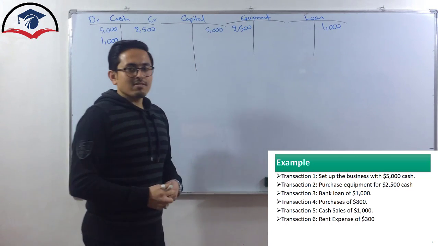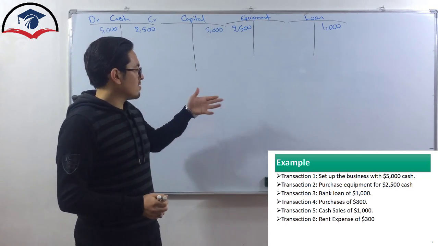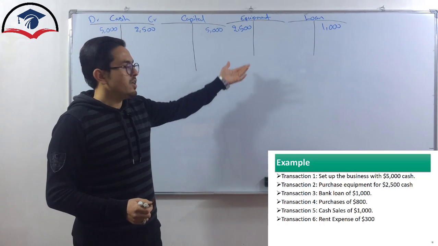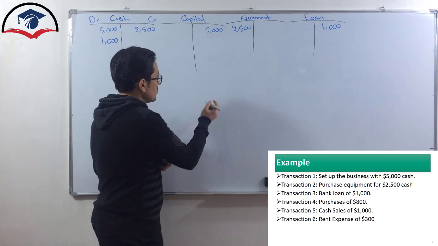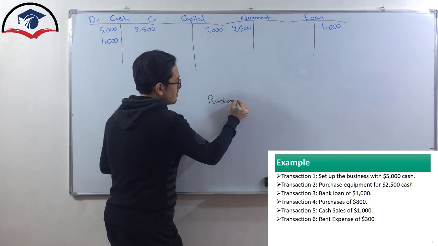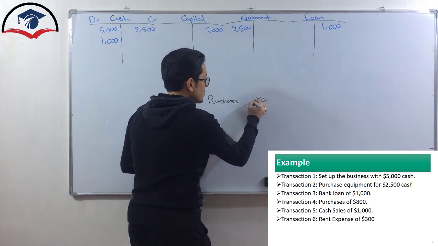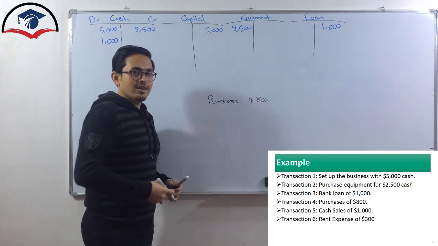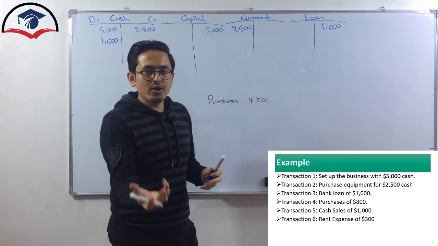So there is purchases of $800. Purchases has the nature of expenses. EA, an increase or incurring, means debit. So purchases is debit for how much? $800. And another side, I need to pay some cash, or maybe it's on credit.